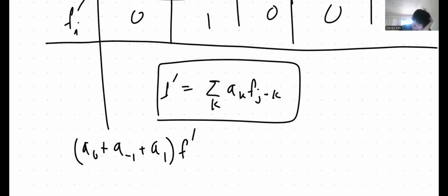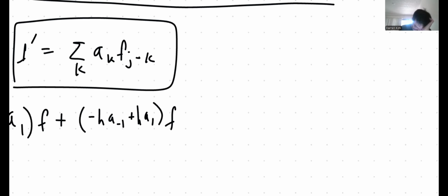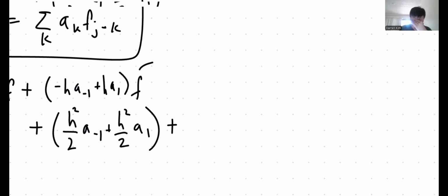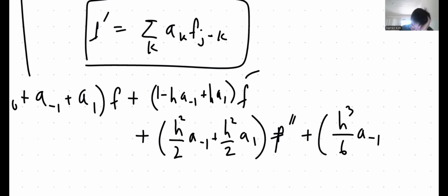Then this one over here is 0, and there is an H, a negative H A negative 1 and a positive H A1. Then plus H squared over 2 A negative 1 plus H squared over 2 A1, which multiplies F double prime, and then plus H cubed divided by 6, A negative 1. Oh, I forgot the 1 there. I knew I forgot something. And then a negative here, and a positive H cubed divided by 6, A1, and so on.